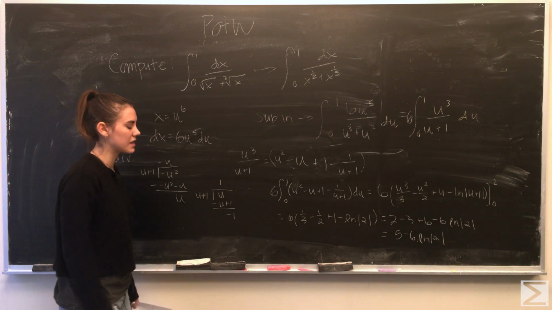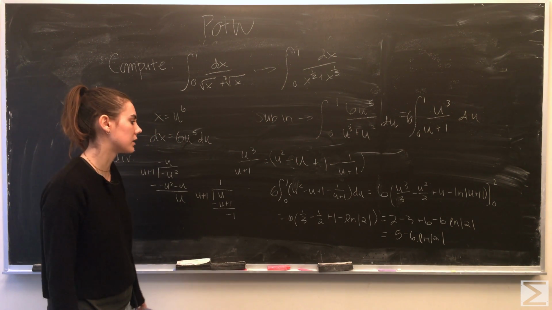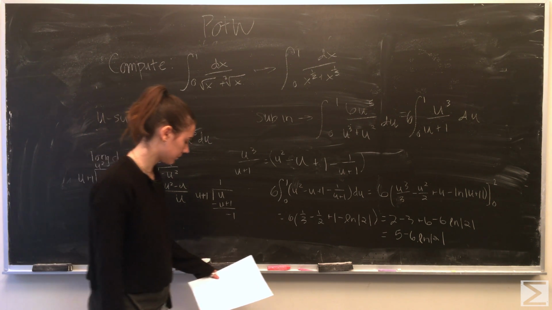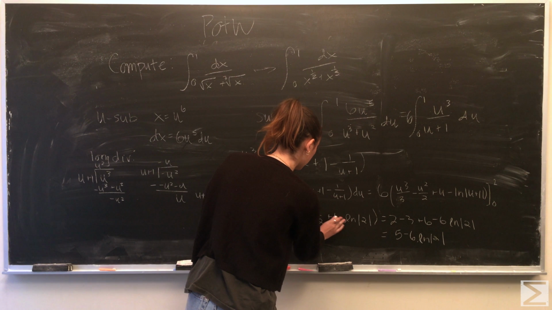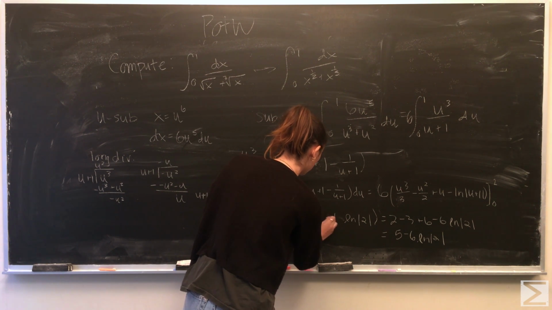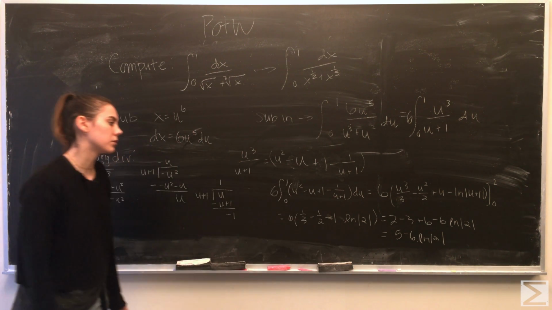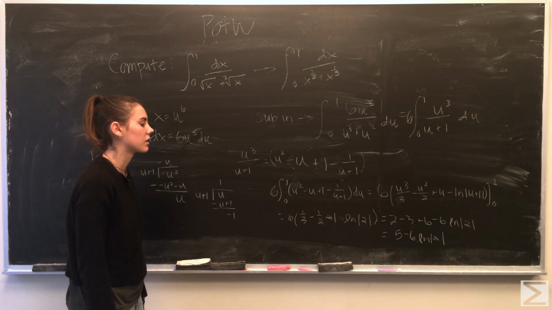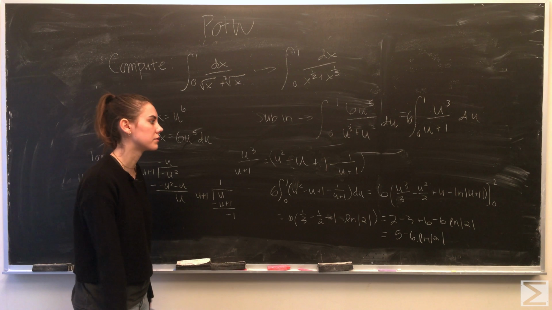So plugging in 1, we get 6 times 1/3 minus 1/2 plus 1 minus the ln of 2, which is equal to 2 minus 3 plus 6 minus 6 ln of 2, and that turns into 5 minus 6 ln of 2.